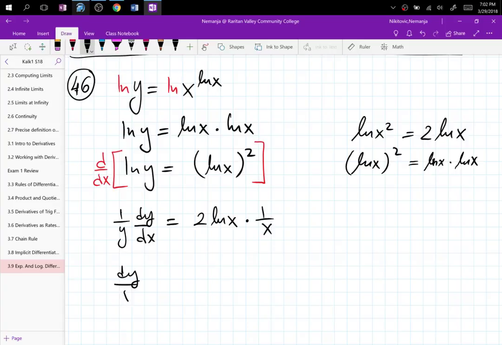So dy dx is equal to, move y to the right, which is x to the ln x, times 2 ln x over x. Ta-da!